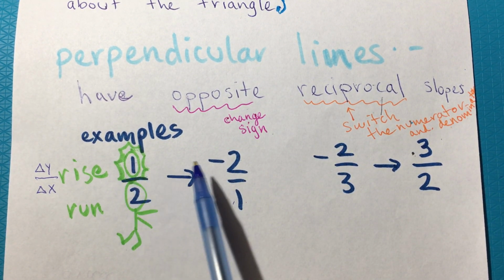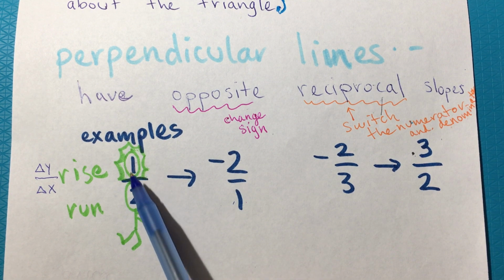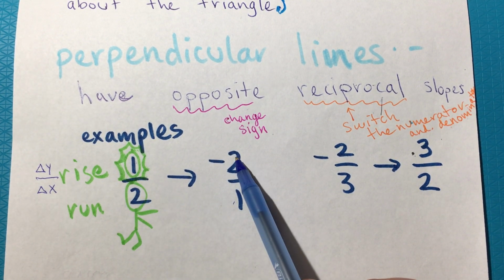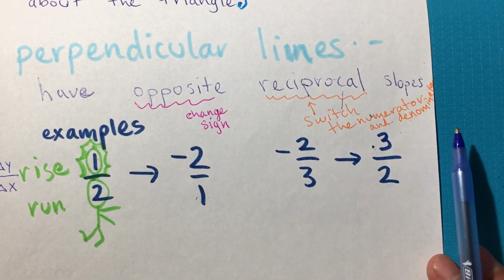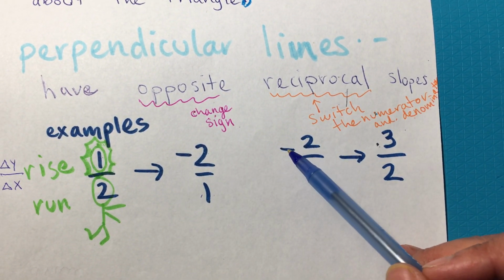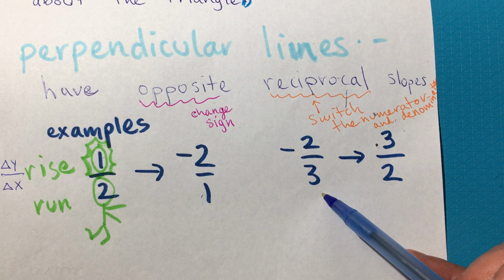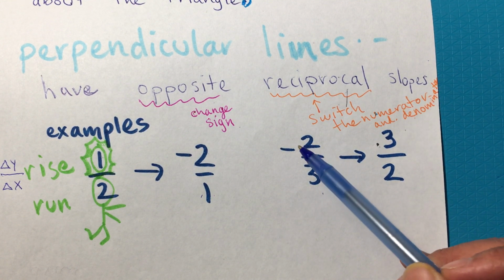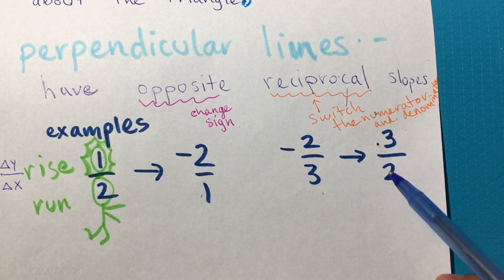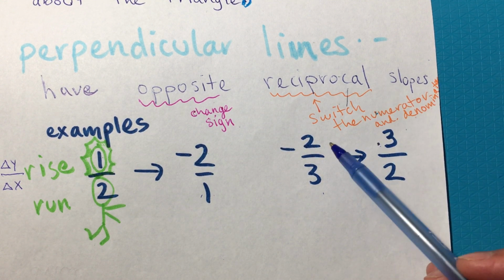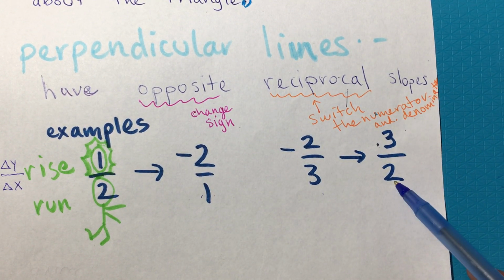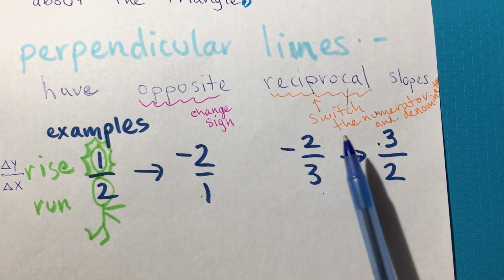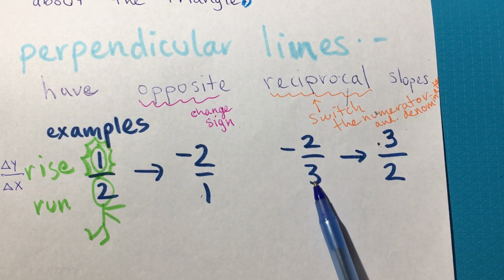The sign and the order of 1/2 is now 2/1. This is another example. If we have -2/3 for the side, then instead of negative, the fraction will be positive, and instead of 2/3, it will be 3/2. Okay, 2 changes. Again, the sign changes, and the numerator and denominator switch the order.